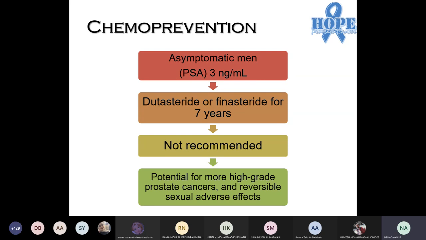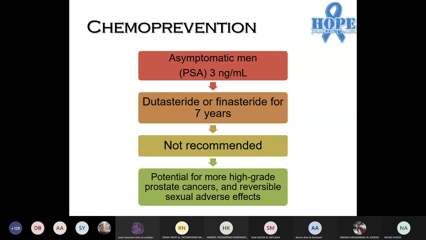But those 30 patients who will develop prostate cancer while taking chemoprevention, their tumors are aggressive and high grade. Unlike the typical presentation of prostate cancer, which is known to be more indolent, more slowly growing tumors.